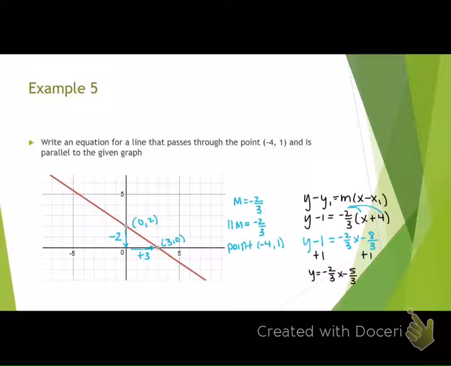Okay? So now, Connor earlier asked, what if I graphed it? Here's the problem. If you go to graph this at negative 4, 1, and you do your slope of down 2 over 3, is that y-intercept an exact y-intercept?